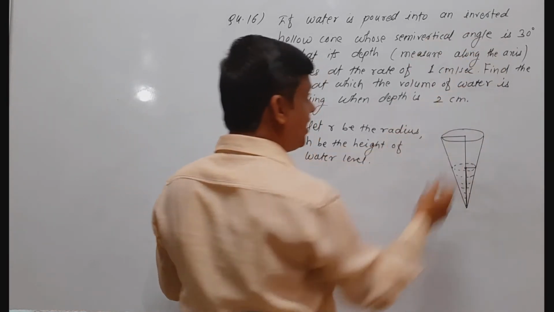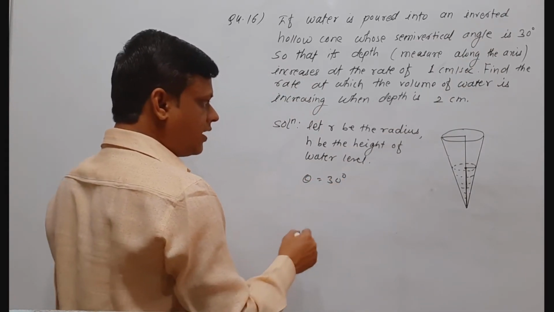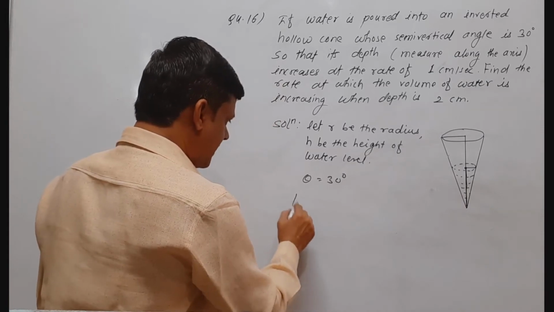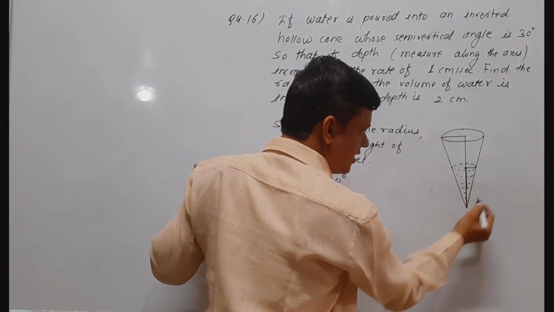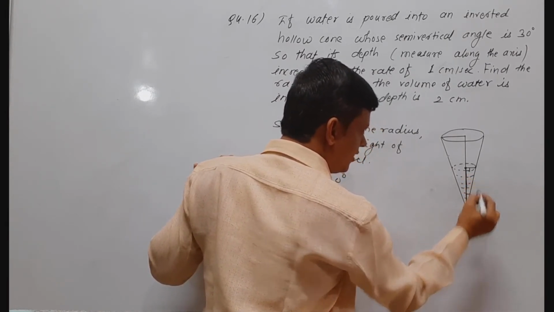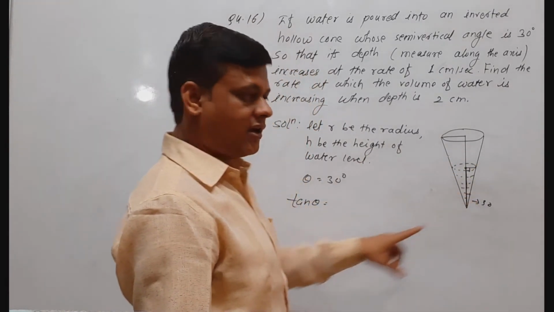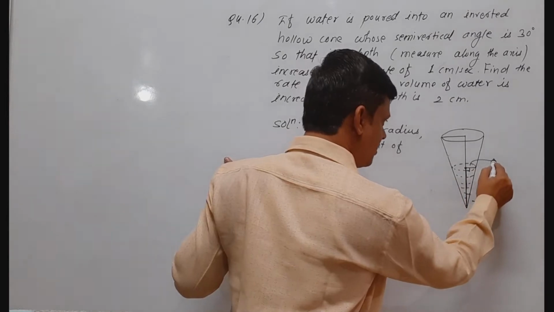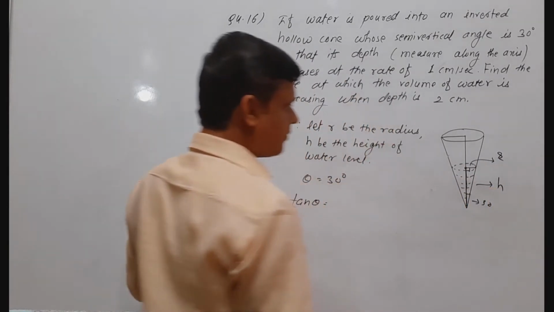Here the semi-vertical angle is given, that is theta is equal to 30 degrees, and if you observe here, this angle is 30 degrees. Here this radius is perpendicular to this height, that is a right angle triangle.